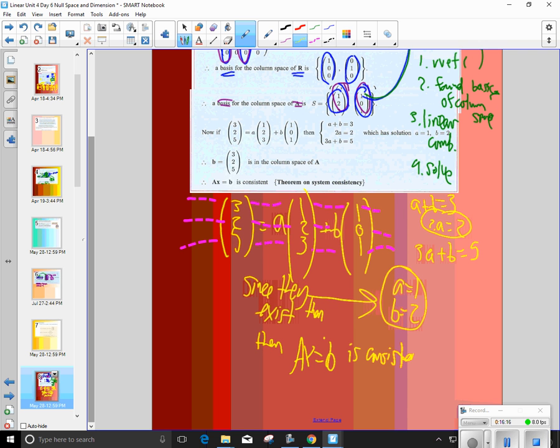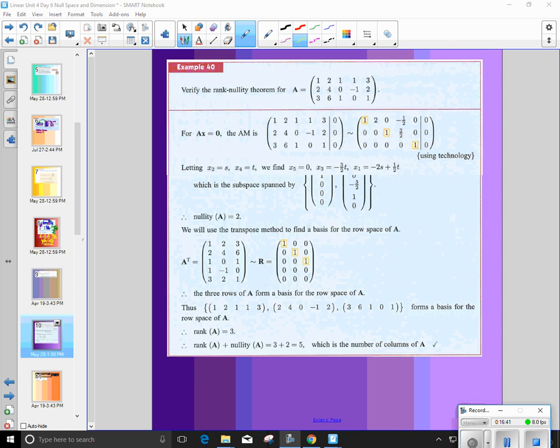It has solutions. It has relationships. And that is the nullity taken to the end. I hope this helps. Take a look at the problems assigned and see if you can find the column space of A, the nullity of A, and the consistency of A. See if you can do that. That'll come up on the test.